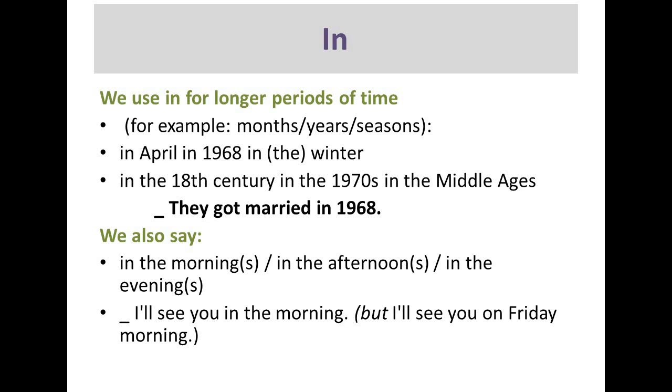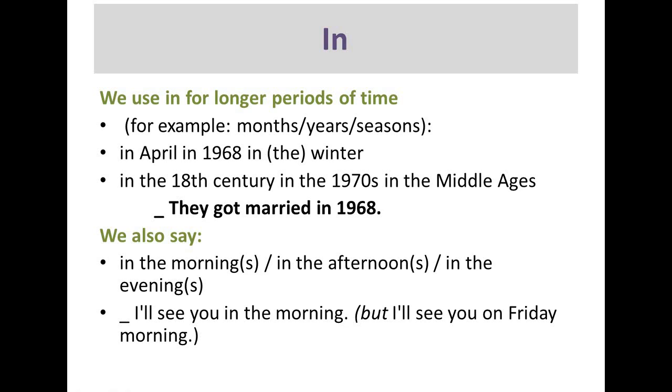We can also say in the mornings, in the afternoon, in the evening. But if the first thing is a day, we start with on instead of in. Here, for example, I see you in the morning, but I see you on Friday morning.